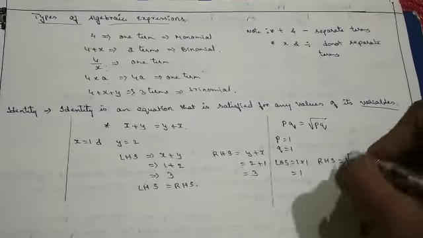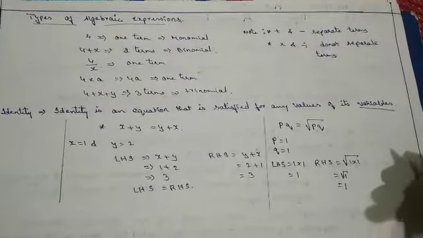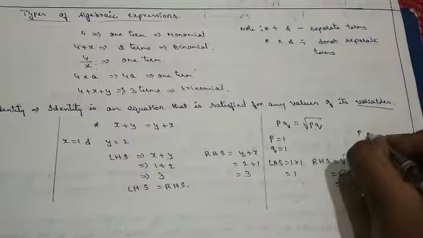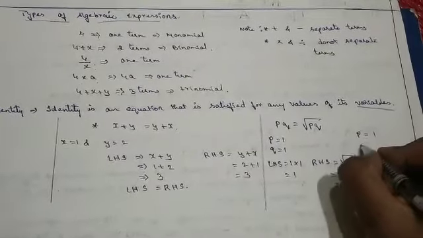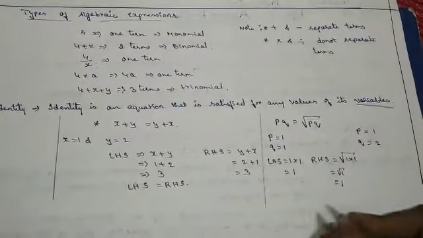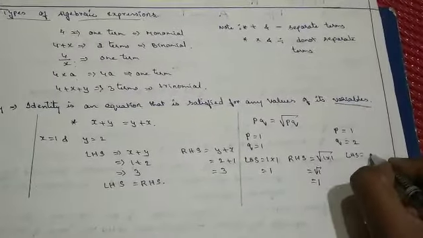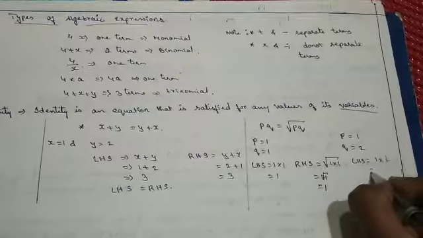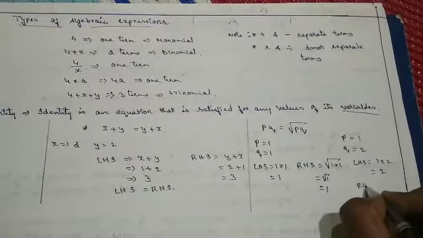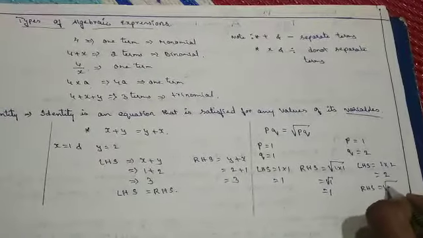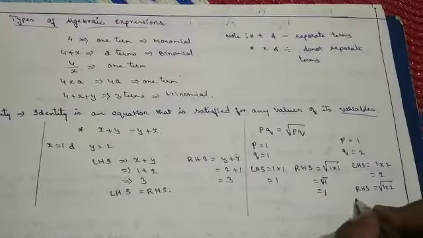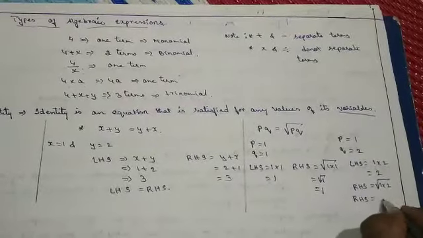If we take the values of P and Q different, that is P equal to 1 and Q equal to 2, then LHS equals 1 into 2 equals 2. RHS, square root of 1 into 2, is root 2.